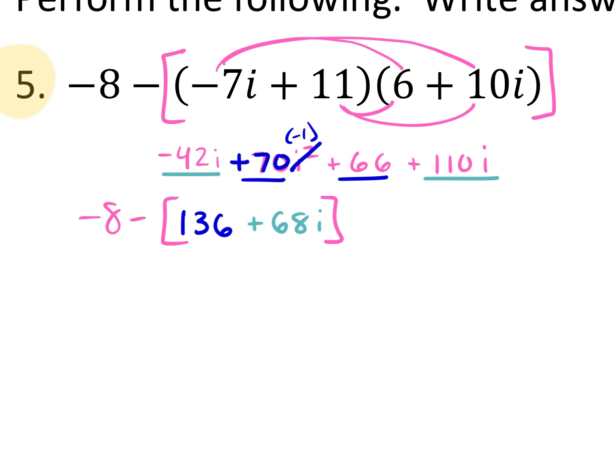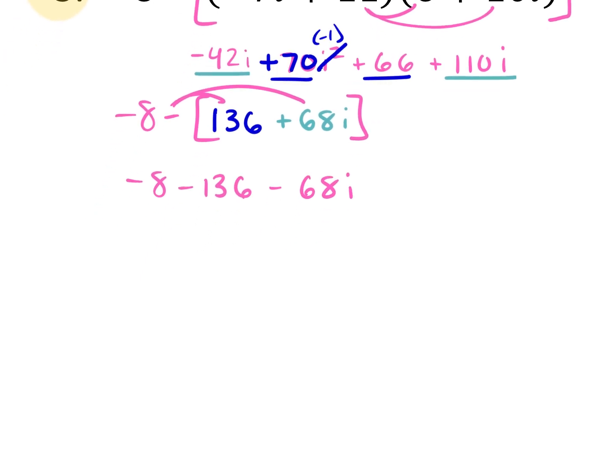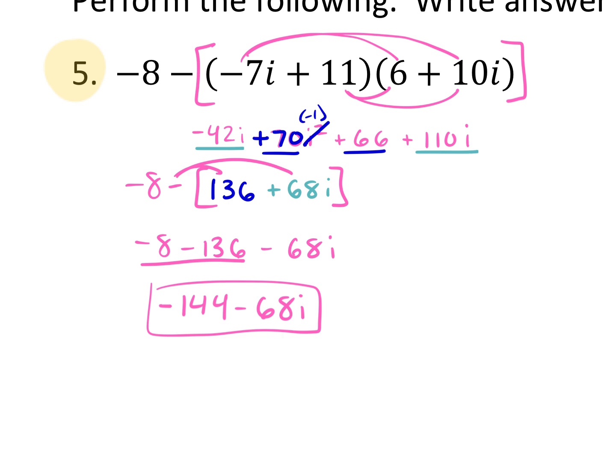So I just FOILed, but I still have that negative on the outside. So I want to distribute. So we have negative 8 minus 136 minus 68i. Then we just want to combine our real parts together again. Negative 8 minus 136 would be what? Negative 144 minus 68i. Does it matter the order that we put the terms? Yes. Standard form, the real part goes first. The imaginary part comes second.